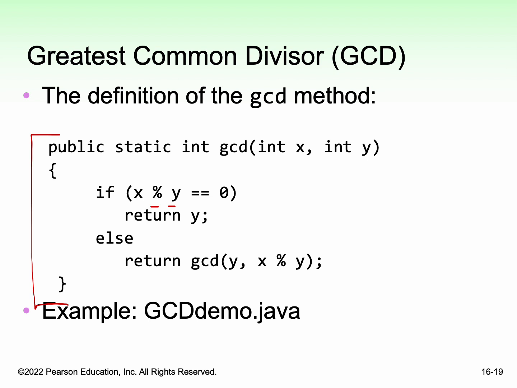However, if not, then we are returning the same number y and the remainder of x divided by y. And again, as you can see here, this is how you can identify easily if the method is recursive. If you see that the method has the same name and is calling the same method in a return statement, then probably that method is recursive.